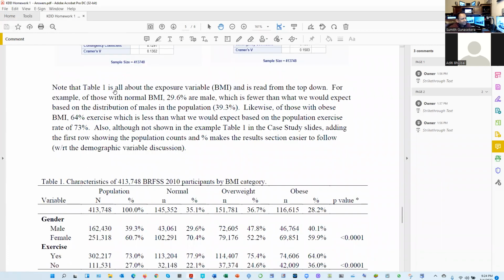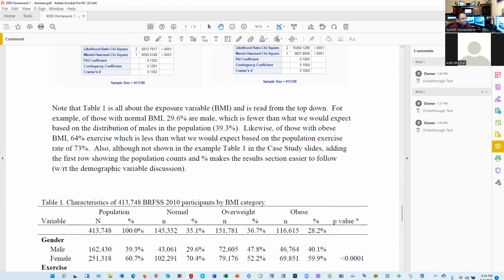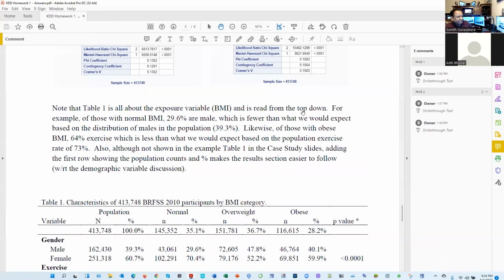Note that table one is all about the exposure variable. Exposure variable means, not the exposure variable, that should be the response variable, because this is the exposure variable. And it's read from the top down.